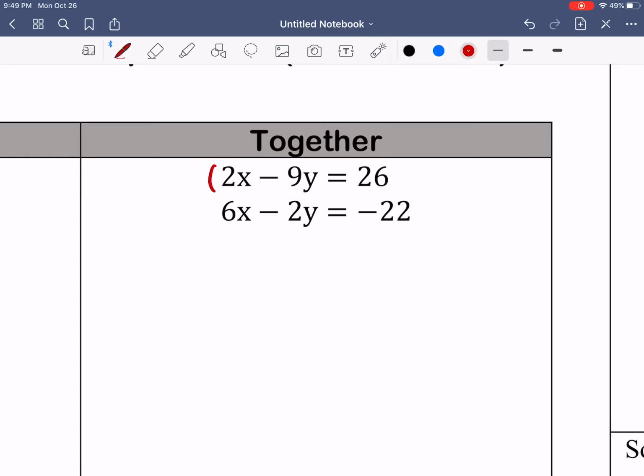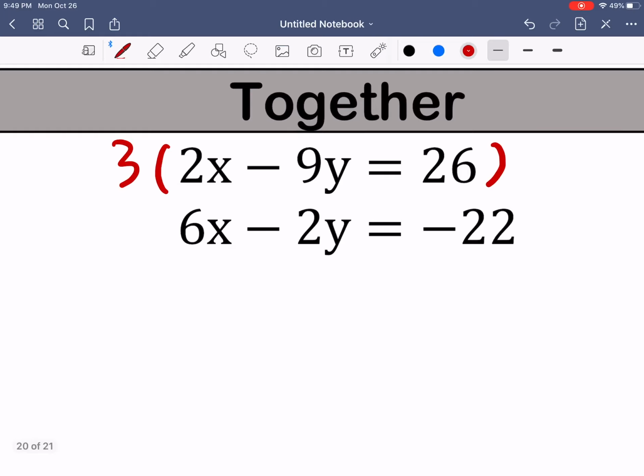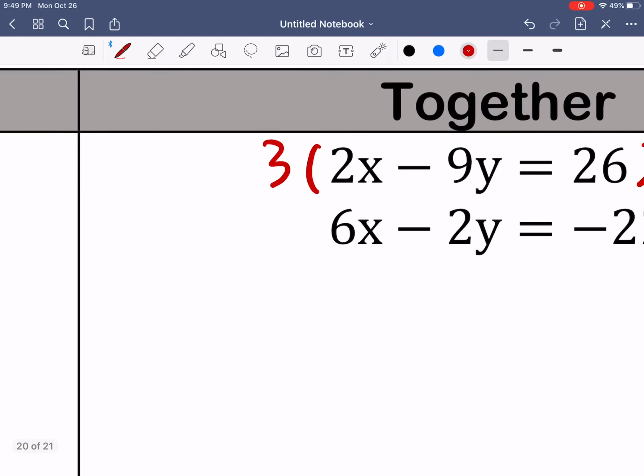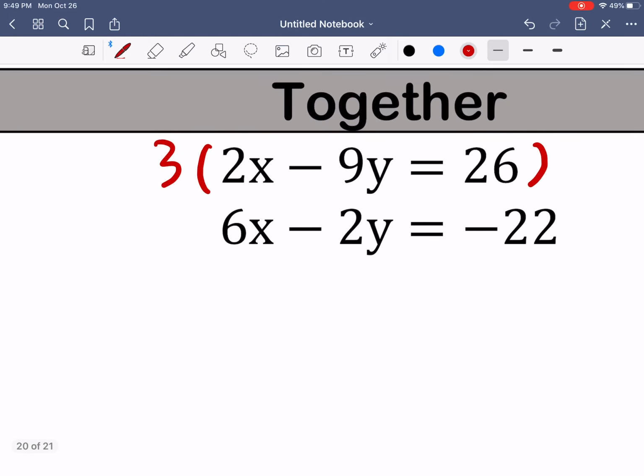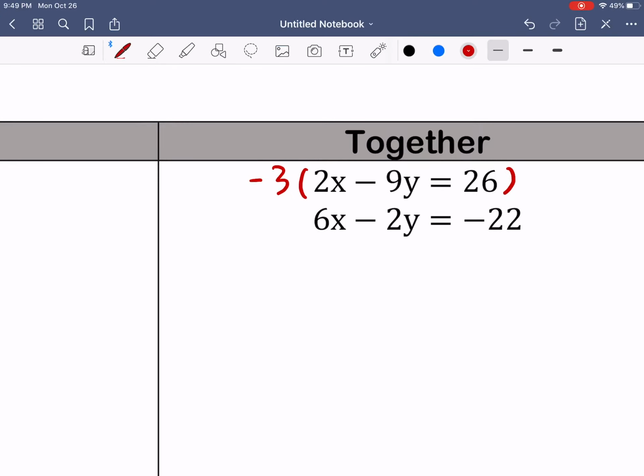Yes, if you multiply by 3, 3 times 2 is 6x, right? The only problem you have to consider is that they should have opposite signs. Since this one is positive 6x, you can just use negative. So negative 3 times 2x is going to be negative 6x. Now it's going to be the opposite sign. That's what you have to consider.